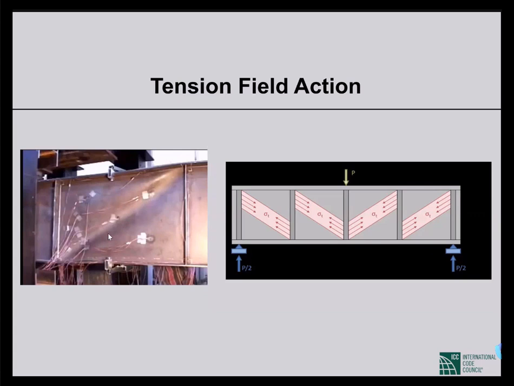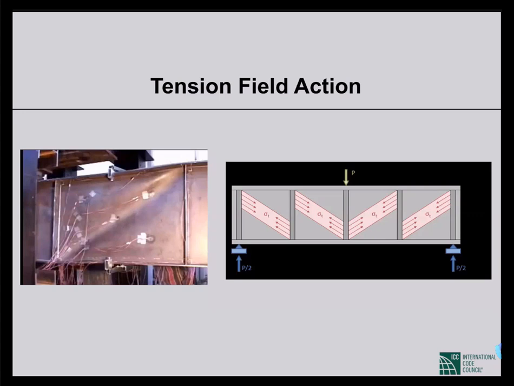So that will still take force, and that is called tension field action. If we calculate the capacity only on the basis of buckling due to diagonal compression, we will underestimate the capacity.